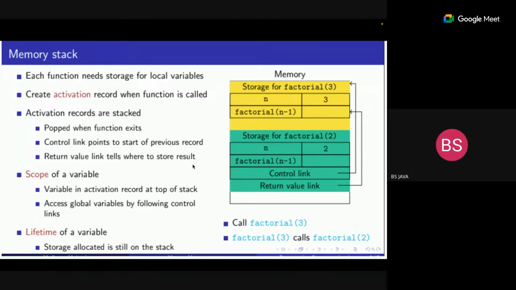Is that fine? Ma'am, can you repeat the scope once again? I didn't get it. Yeah, so the same concept of scope using activation record. Consider this activation record for factorial of 2. When you call factorial of 2, what is the scope of n here?